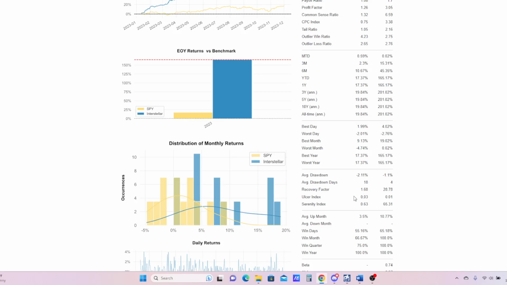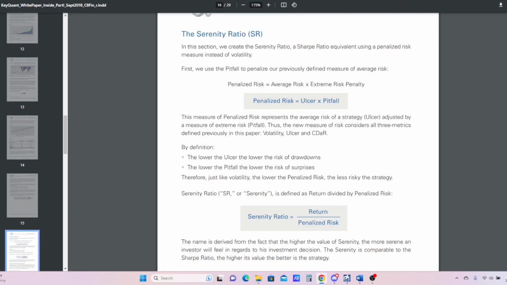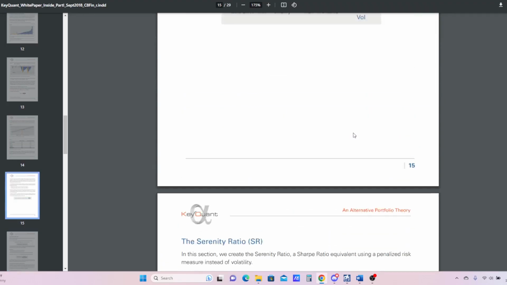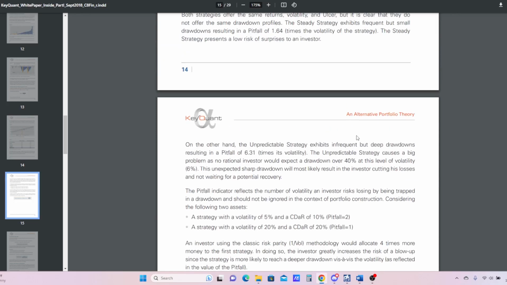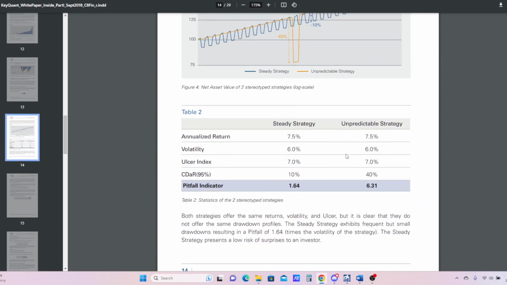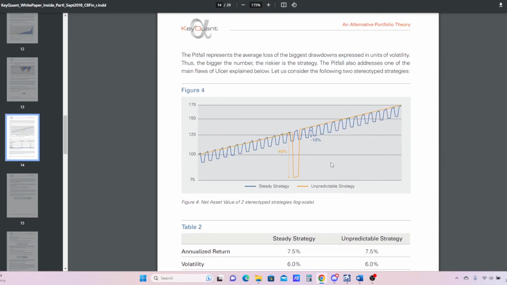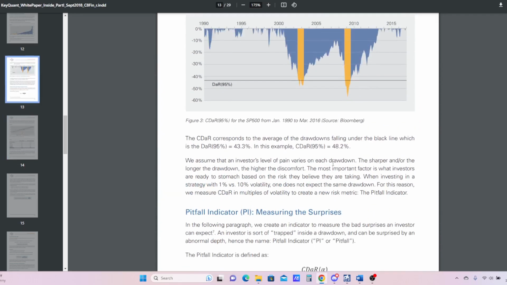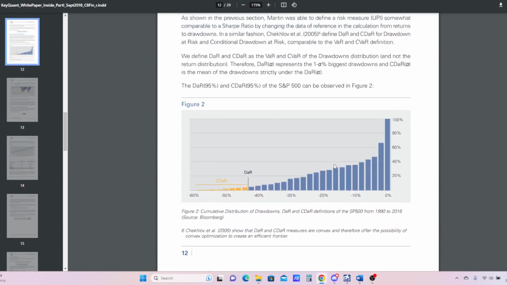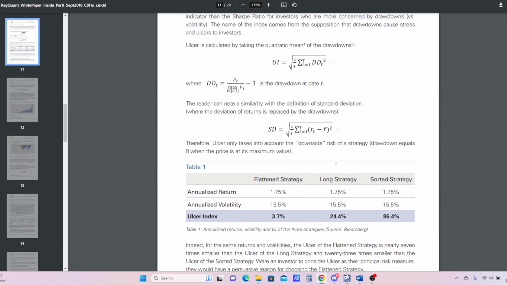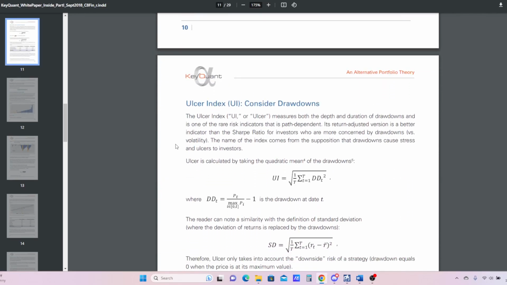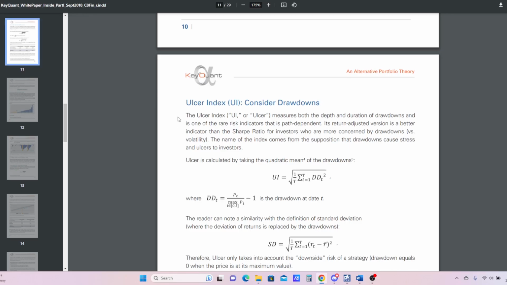Yeah, and then the other thing is the ulcer index. I was just trying to read. Oh, ulcer is before this one, right? Where the heck did I see it? Oh, ulcer index. Okay. Ulcer index measures both the depth and duration of drawdowns and is one of the rare risk indicators that is path dependent.